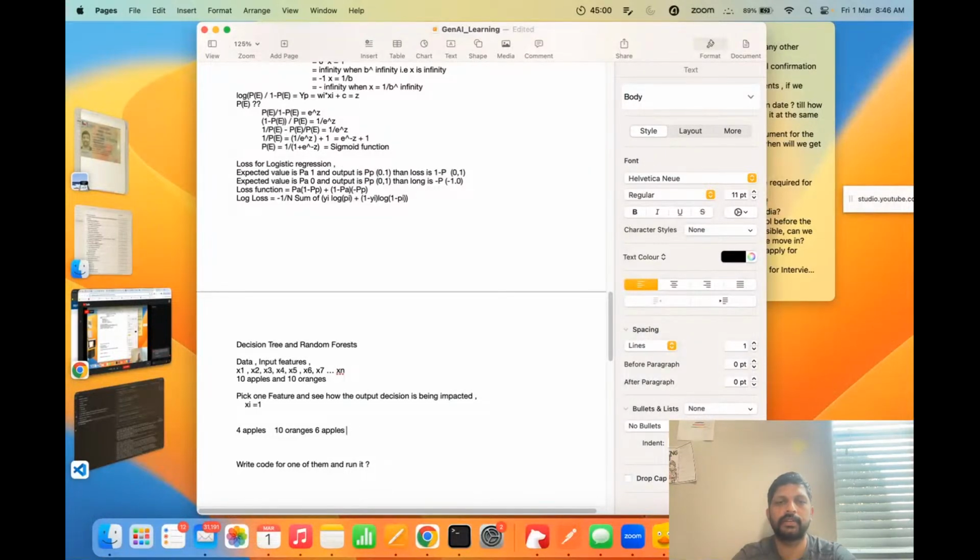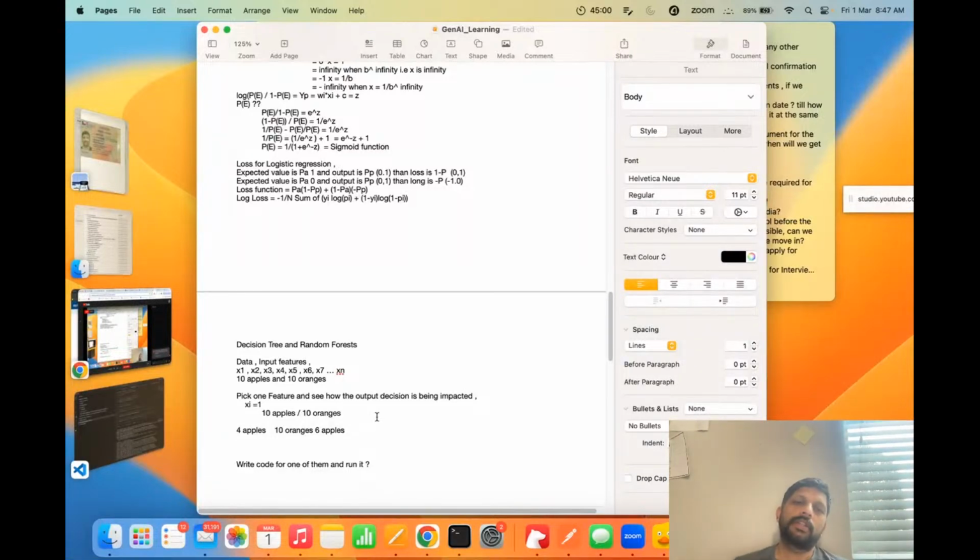So initially it is 10 apples and 10 oranges. The probability of picking up an apple is 10 by 20, which is 0.5. The probability of picking up an orange is 10 by 20, again 0.5.